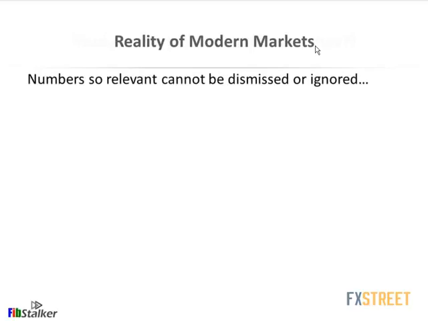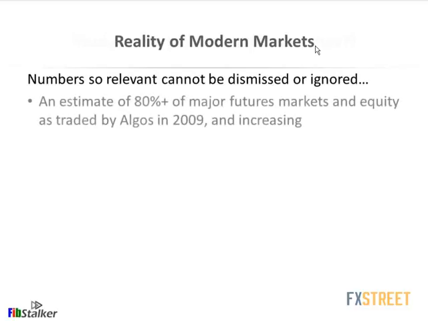So now let's look at the reality of modern markets. The numbers and volumes of algorithms are so relevant they cannot be dismissed or just ignored. Let's look at the volumes. Over 80% participation of algorithms in major futures markets, and this is an estimate of 2009. In 2014, this number could actually be 90% or more.